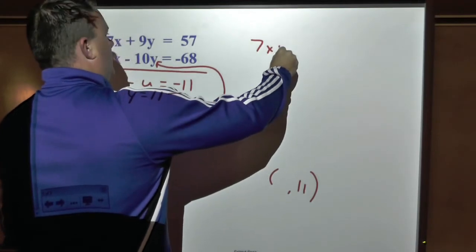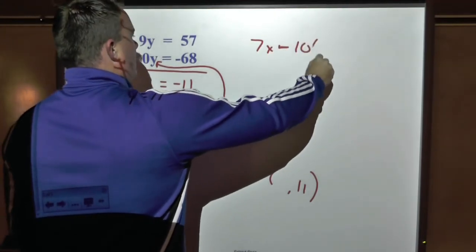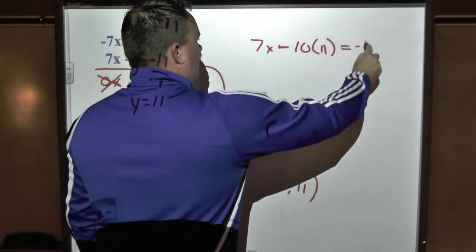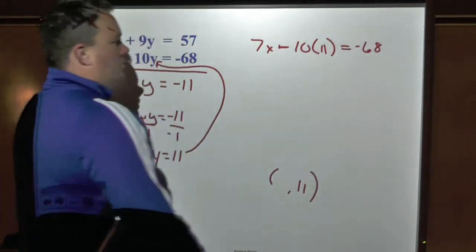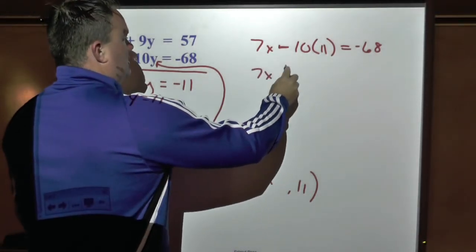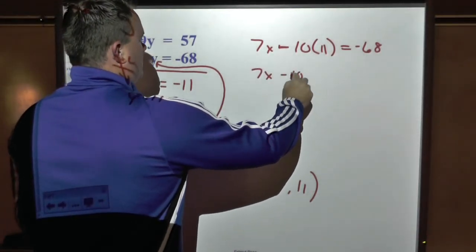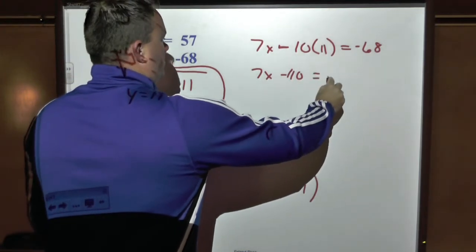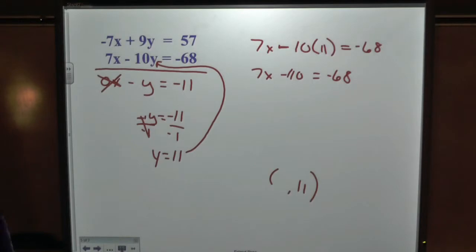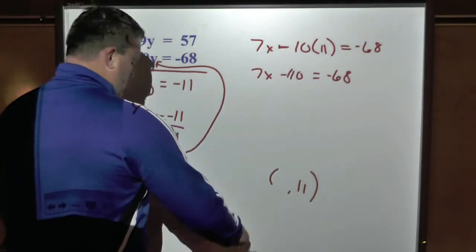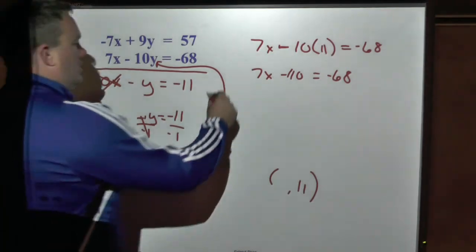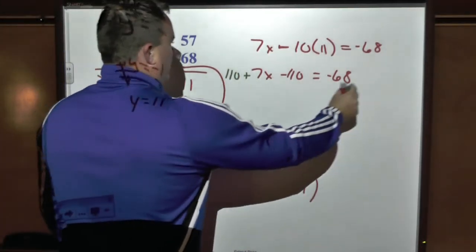7x minus 10 times 11, which was y, equals negative 68. So at this point, 7x minus 110 equals negative 68. And then from there, two-step equation. Add the opposite of the negative 110, which is 110.